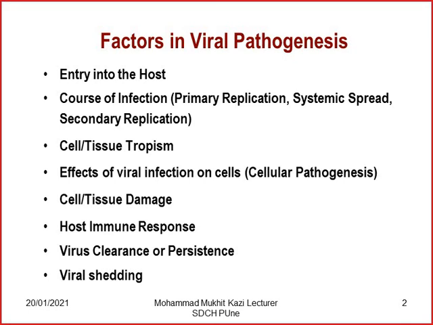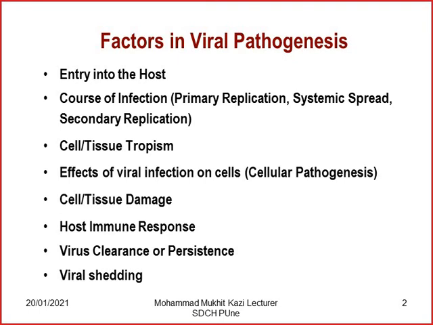Then the effects of viral infection on the cells, that is actually the cellular pathogenesis of the viruses. And then what happens as a result of this infection? There is injury or damage to the cells and tissues of the host. Otherwise, if the host immune response is proper, it tries to restrict that viral replication and remove the viruses from the body. That is the host immune response. And what happens after the host immune response?